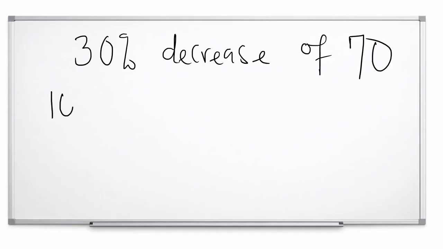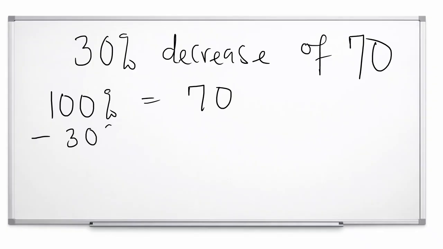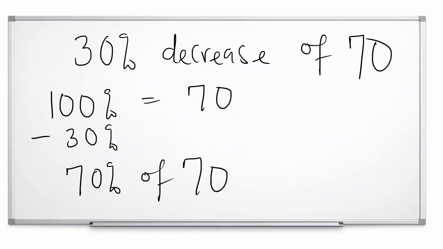Or alternatively, you can say 100% of 70 is still going to be 70, right? To get the 30% decrease, it means 100 minus 30 is 70%. That is, you are interested in getting 70% of 70.